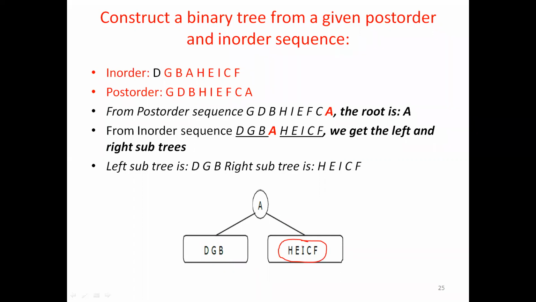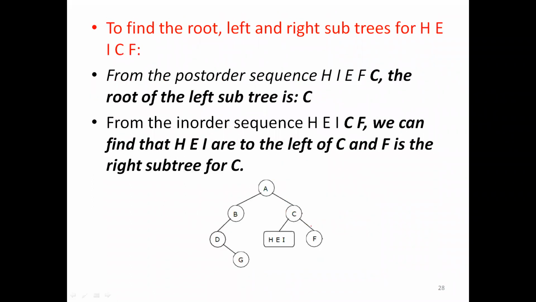HEICF, right? Now what happens? This C is becoming the root node. According to the post order sequence, C becomes the root node. Then I am dividing. Once I find the root node, I go to the in order. From the in order, I fix C as the root node.